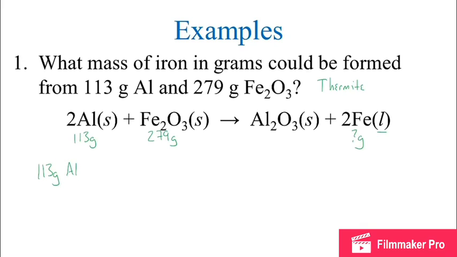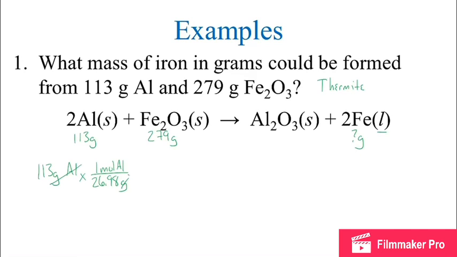So I have mass of aluminum, and of course I always need to turn the mass into moles because these coefficients, 2 to 1 to 1 to 2, that's the mole ratio. So I turn mass into moles with my old friend molar mass. So I look at my periodic table. And if you don't have a copy handy, you can always go to getchemistryhelp.com and print one out. But the molar mass of aluminum is 26.98 grams per mole of aluminum.